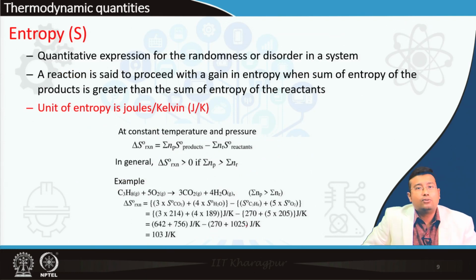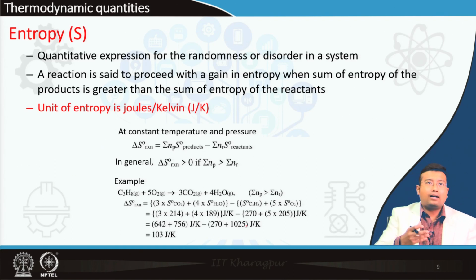Now we come to a critical concept, entropy. So what is entropy? As I told you while defining the second law of thermodynamics, it is the quantitative expression of randomness or disorder in a system, right? And how does it translate to a chemical reaction? As I told you, when a chemical reaction occurs spontaneously, the system gains entropy.